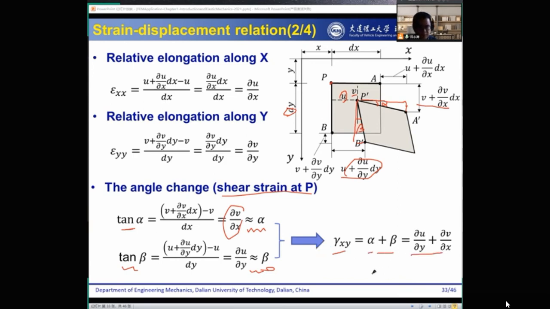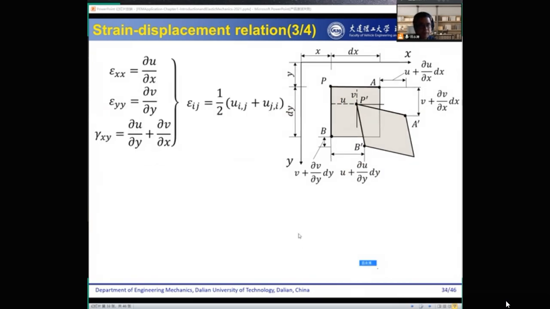From here we get the strain and displacement relationship, because here we have the displacement and here we have the strain. So we sum up the strain and displacement relationship.